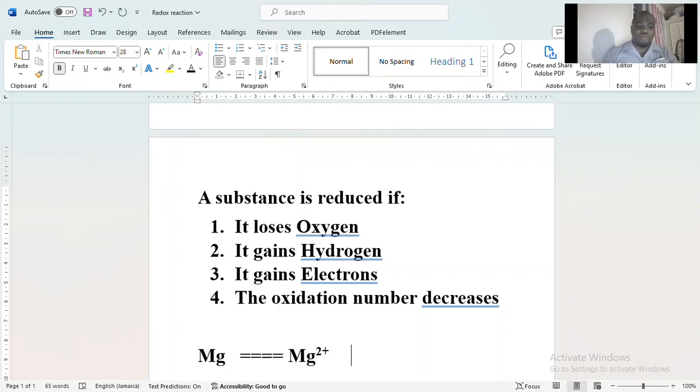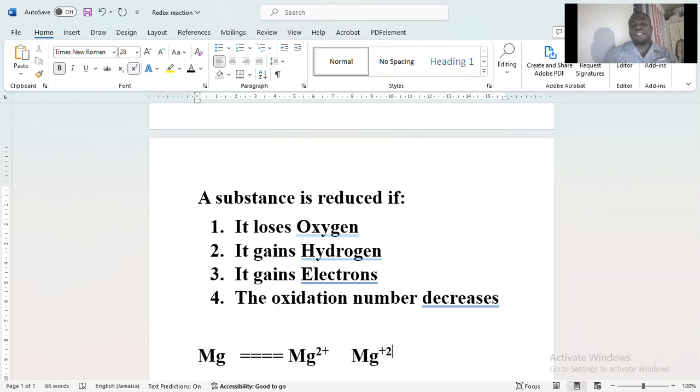All we're doing in reverse is to write the charge before the numeral. If I'm talking about the magnesium ion, I will say 2 plus. If I'm talking about the oxidation number, I'm going to be saying +2.